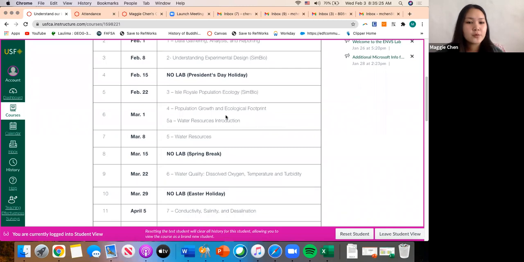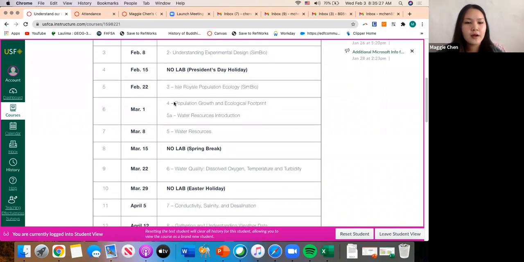In the week of March 1, we're going over lab 4, population growth and ecological footprint, which ties into a little bit about population ecology and a nice transition from that, and also looking at our own ecological footprint, the resources that we take up, and what does that mean in terms of the world.